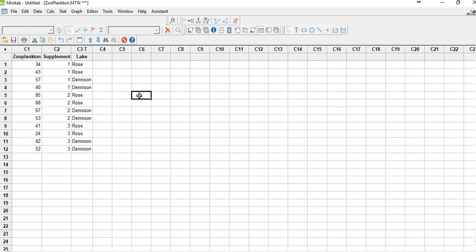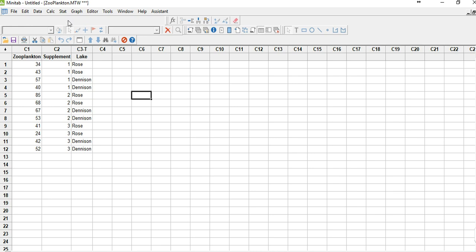You can see that we have 12 measures. The first column corresponds to the number of zooplankton, the second one to the supplements, which has 3 levels, and the third column to the lake. The reason we have 12 data points is because we have 3 supplement levels and 2 lakes, and for each we take 2 measures, 2 samples.